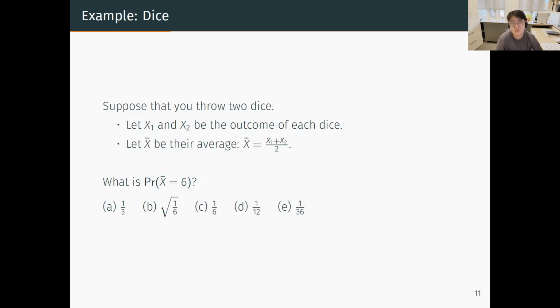So there are 36 possible cases, and among them, only one will give you an average of 6, when both dice have 6. That is only one possible case. So the answer is 1 over 36. That's all.